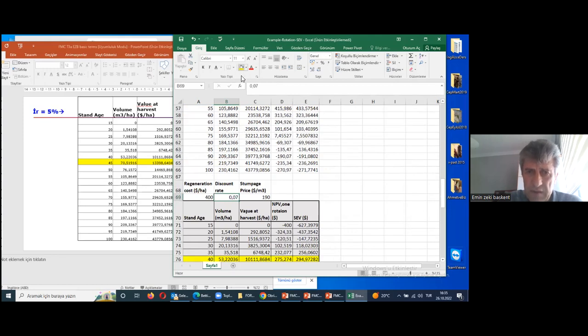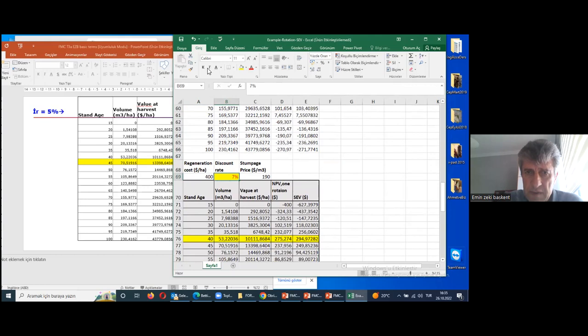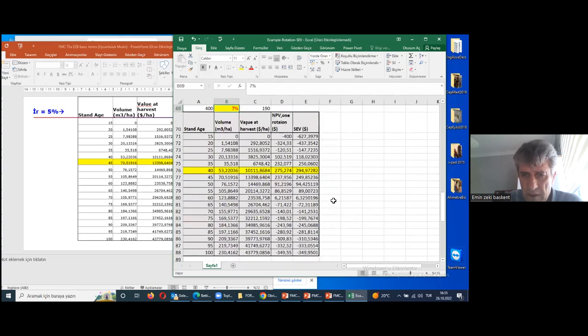We increase it to 7%. These are the soil expectation values, and we make sure we find the maximum value. 294 occurs at the age of 40.